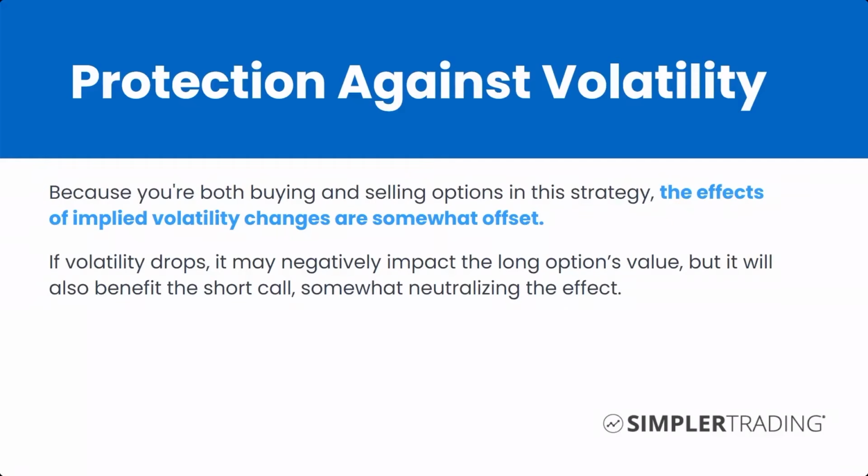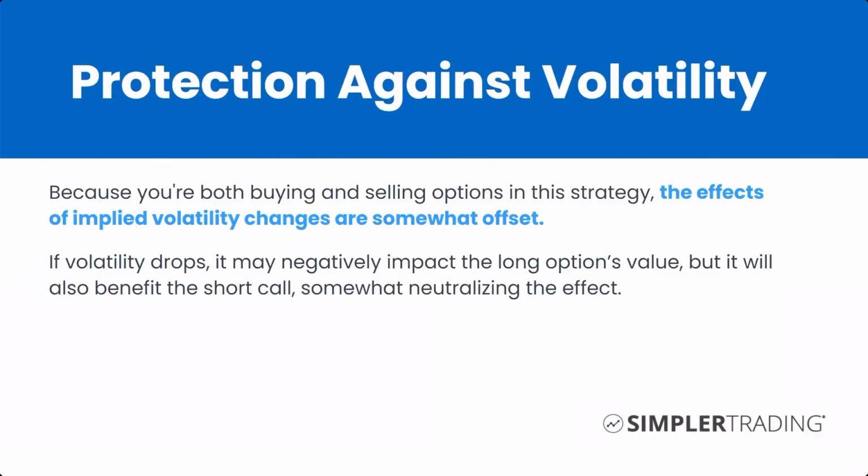And even if it actually pulled back, this is the crazy part about debit spreads: if it went up to the target, let's say 330, it was there too early, started pulling back a little bit, you can actually make even more money because the short call that you sold will start to decay. So it's kind of crazy because the effects of implied volatility changes can be somewhat offset.